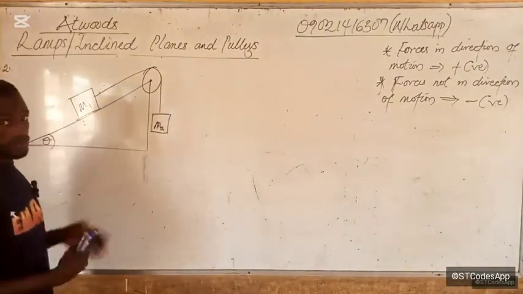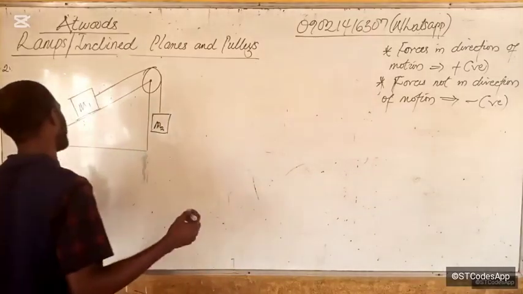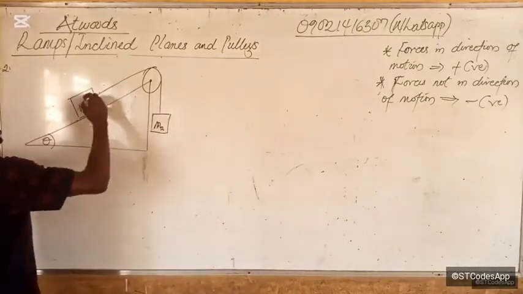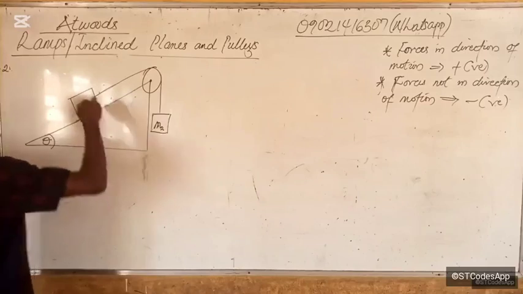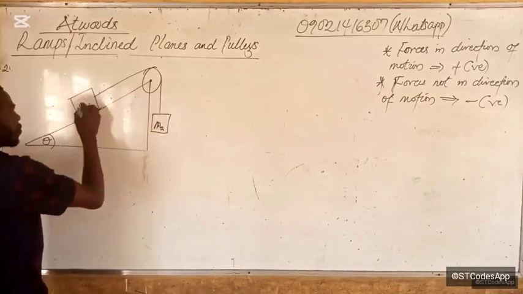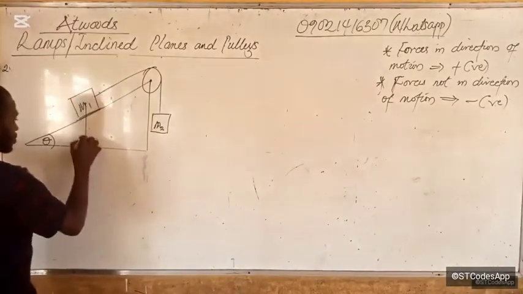So for M1, the free body of M1 will be, looking at this, there is a force acting in this direction, and because there is a surface here, the weight of this body, since this body is sitting on the surface, will act in what direction? Remember, straight downwards.